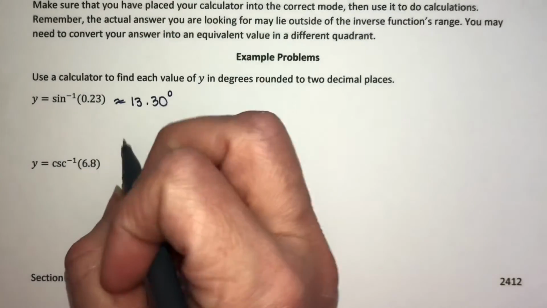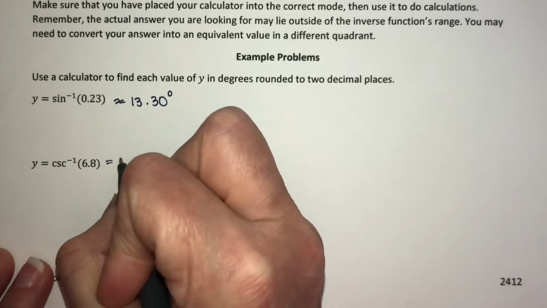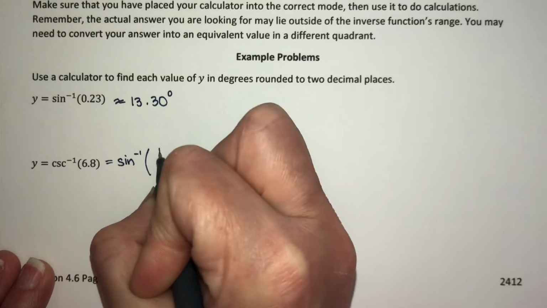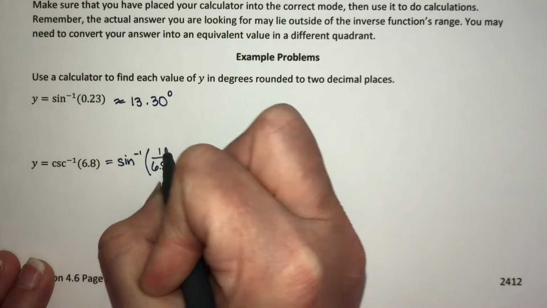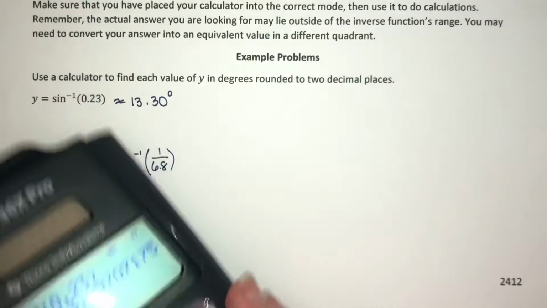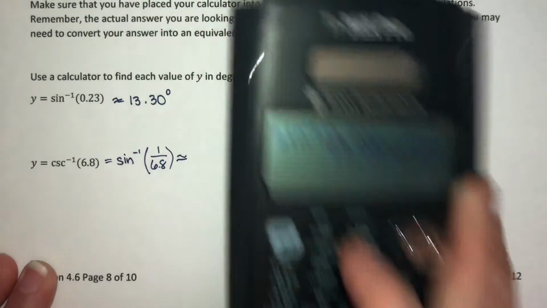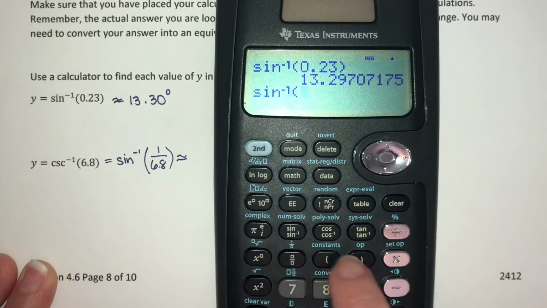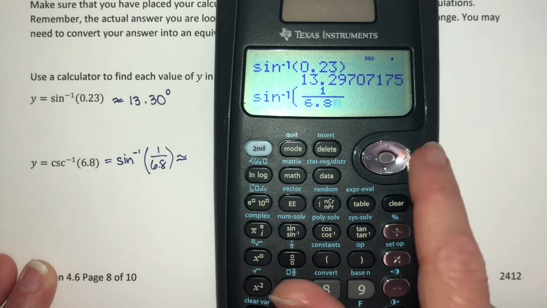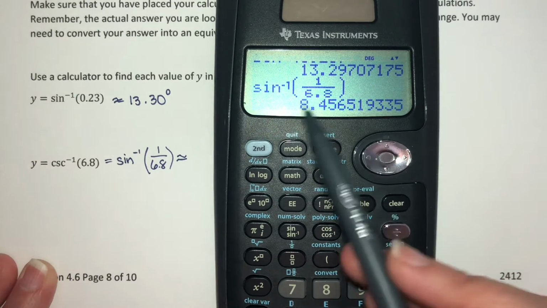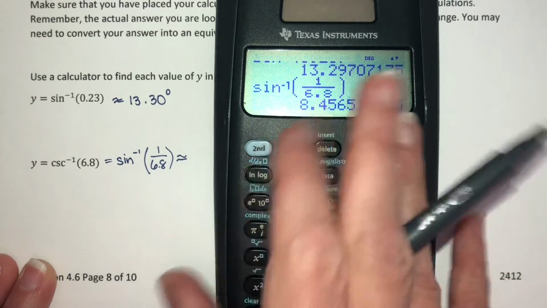No adjustments required. So this is going to be equal to sine inverse of 1 over 6.8, which is approximately 8.46 degrees.